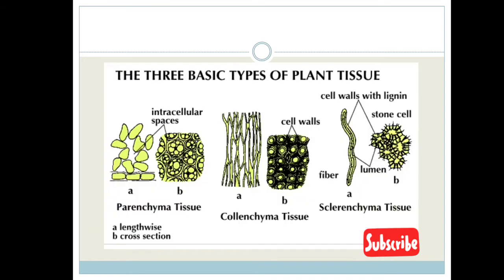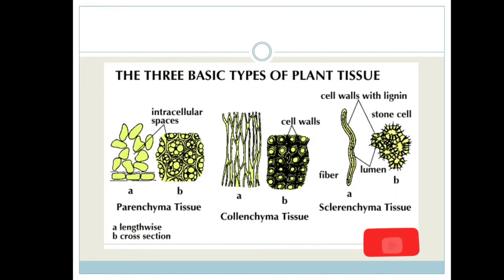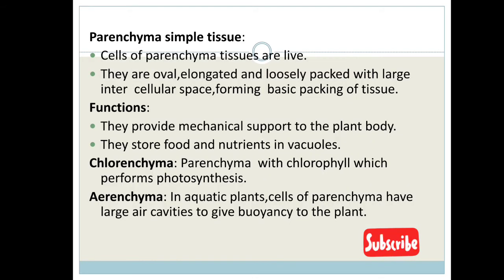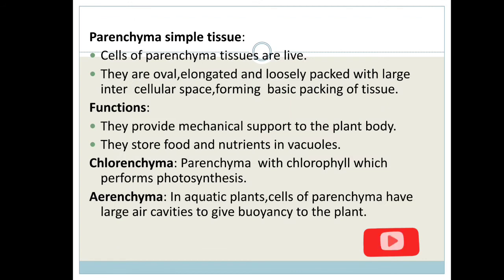So the first is the parenchyma simple tissue. So the cells of the parenchyma tissues are live and they are oval, elongated. So you can see here in the picture the cells are oval, then elongated, and also they are loosely packed with large intercellular space between them, and also it forms the basic packing of the tissues.